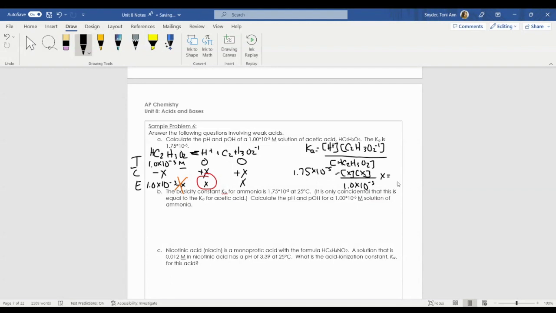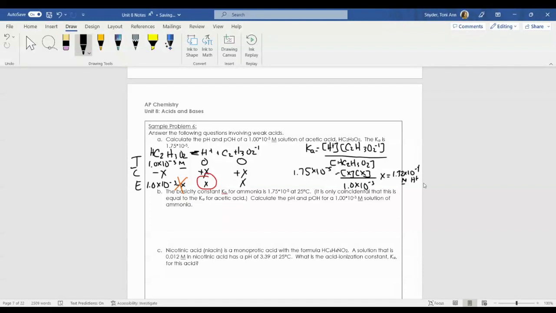If I solve for x here, I'm just going to eliminate some steps. X is equal to 1.32 times 10 to the negative fourth. And remember, that's the molar concentration of the hydrogen ions and the acetate ions, but this is not going to give me the pH.